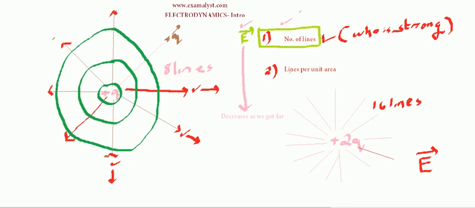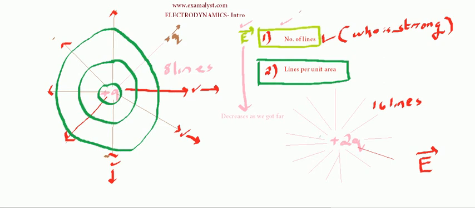So the question is, what geometry can represent electric field? The geometry that can represent electric field is lines per unit area. Let us try to understand this. Look at this diagram.